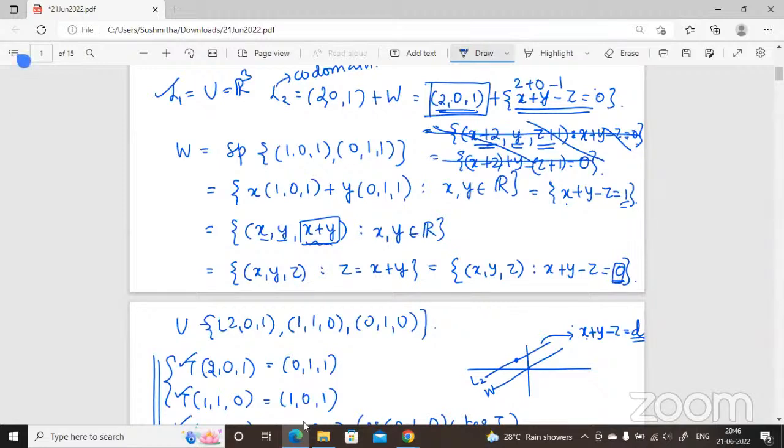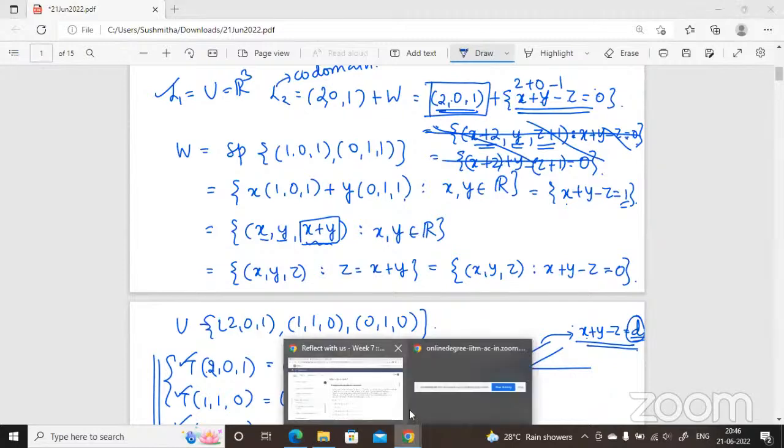Everything else is going to be the same, that's why they are parallel. I want to find what this constant term D is going to be. For that, I know a point on L2: 201 is a point on L2. So you just substitute that in this equation and you will get D.